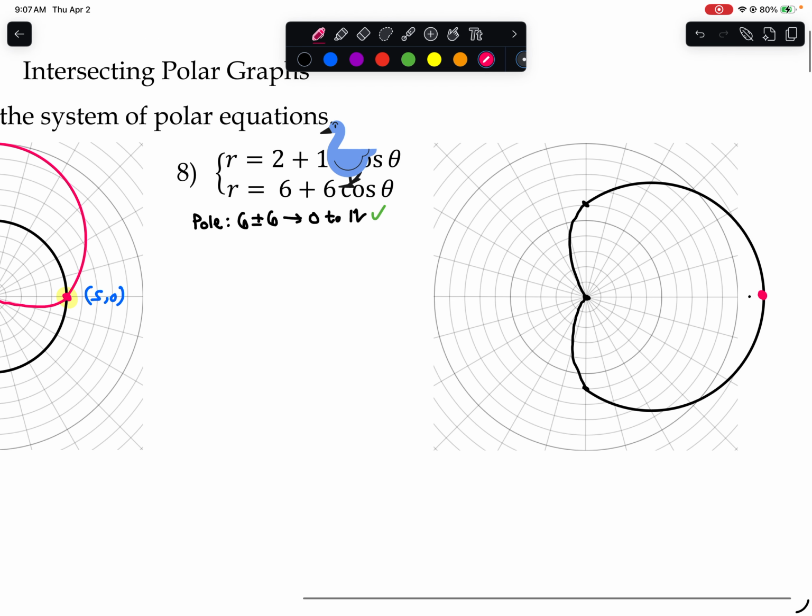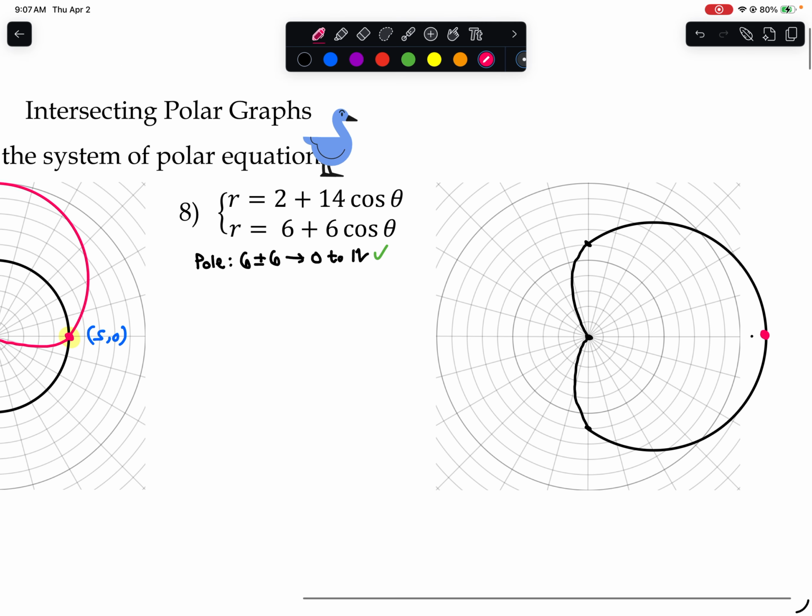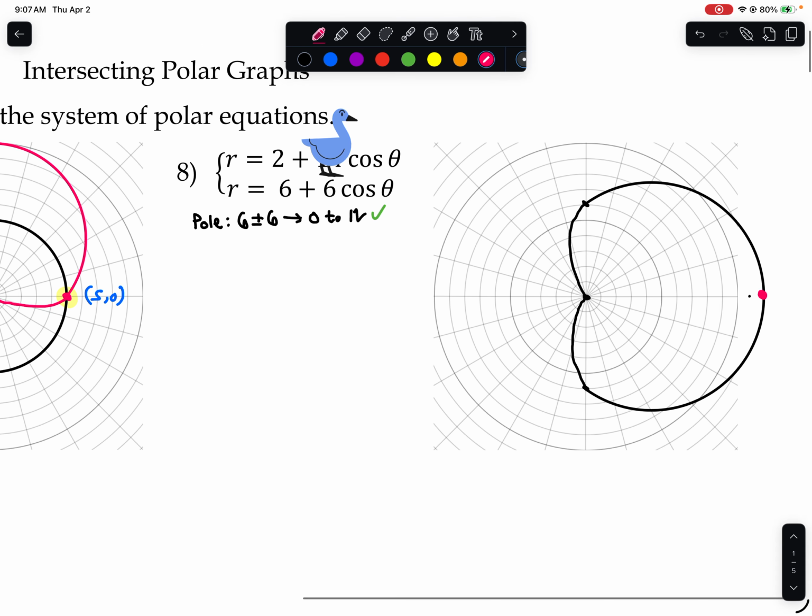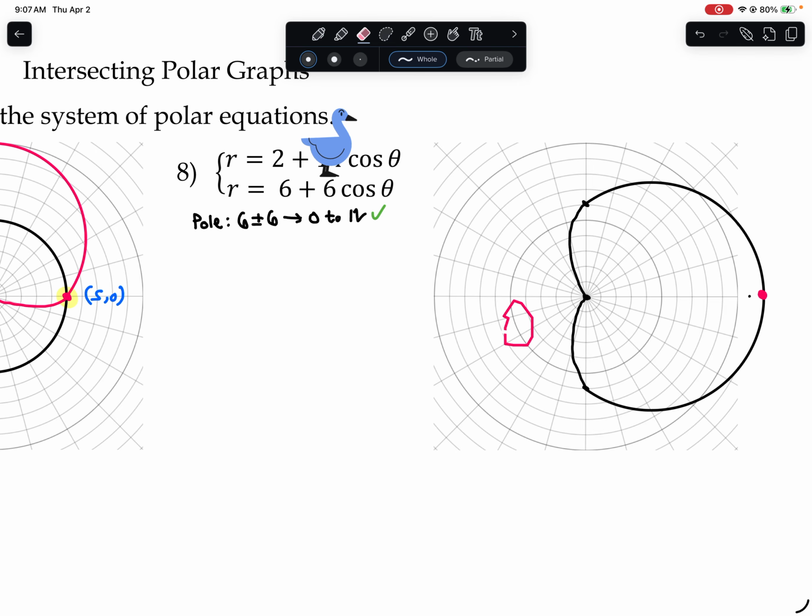My larger loop is actually going to be at 16, which is going to be pretty massive. So my points of intersection, let's see. That's not a circle. That'd be 12, 13, 14, 15, 16.